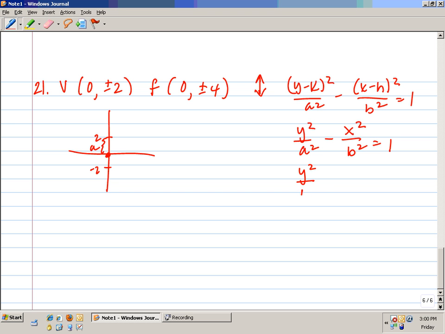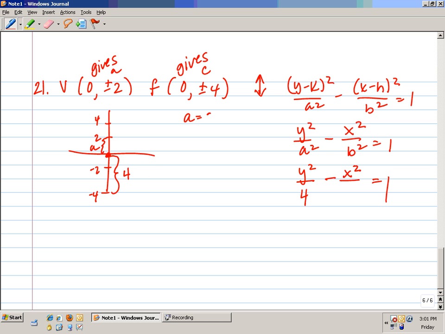That gives us y squared over 4 minus x squared over b squared. We have to find b squared, but we can't get it yet. However, the foci give us c. If this is positive 4 and this is negative 4, then the distance from the center to the focus is 4.